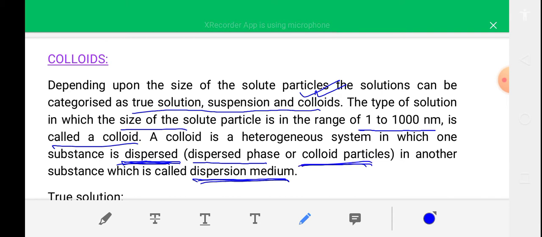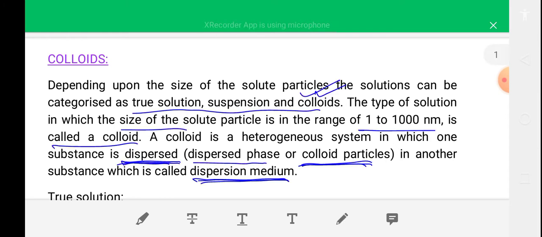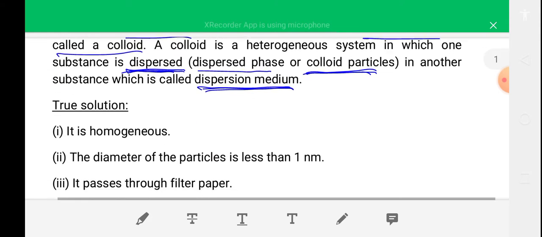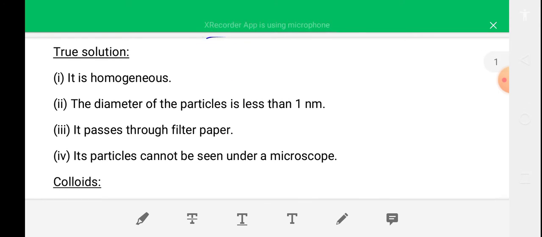Okay, so in a colloid one phase is known as the dispersed phase, another is known as the dispersion medium. Dispersed phase is actually the solute particles or colloid particles, and dispersion medium is the solvent. Now see the different types of solution.